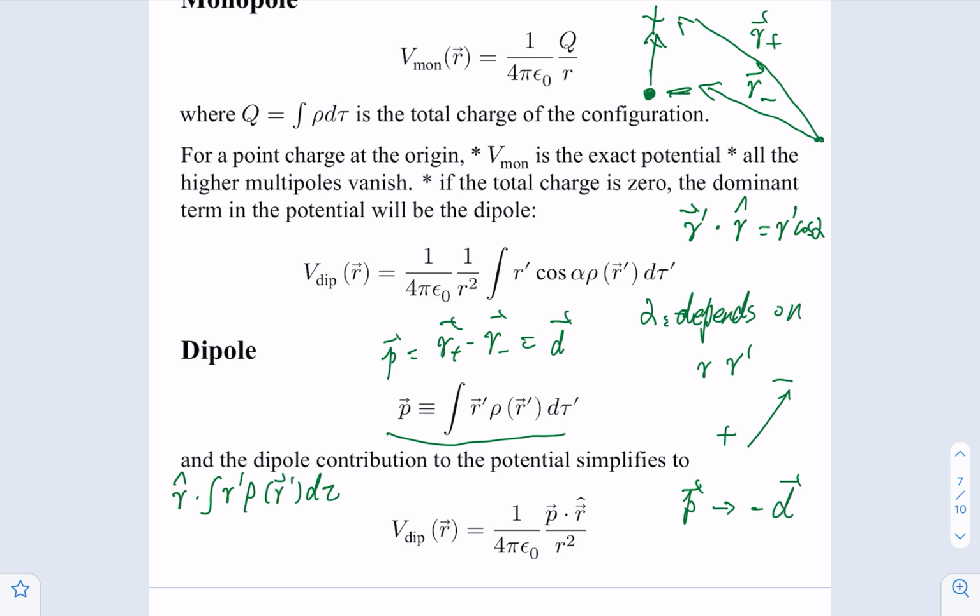Now the analogy for this point dipole, for the point charge here, becomes a point dipole.